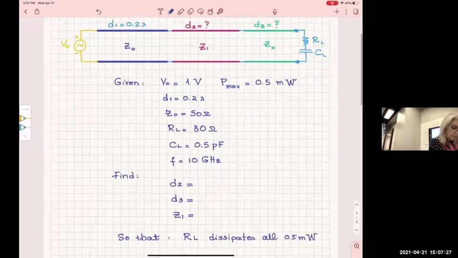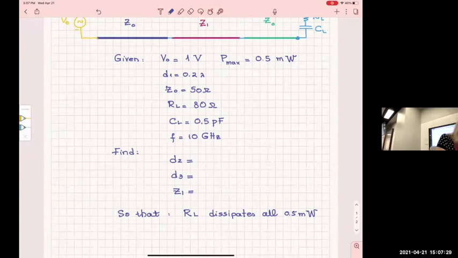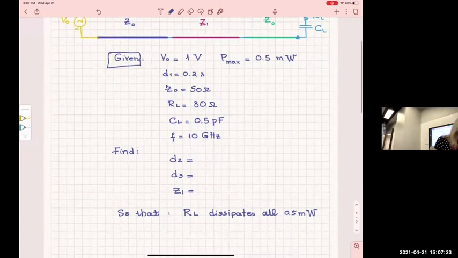So practically, they're telling you that we want you to find these three parameters, specify them, so all of the power goes to your RL. And your RL will be practically the radiation resistance of your antenna. So whatever is absorbed is not a real resistor, but an equivalent: the radiation resistance of the antenna that is radiated.